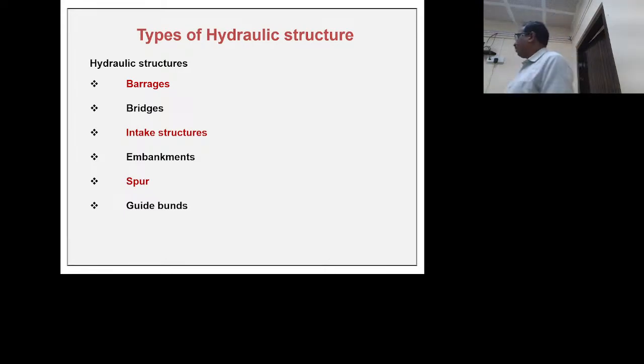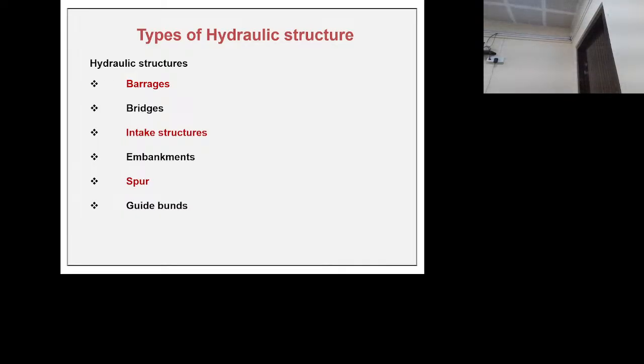Next, spurs. Spurs are structures. Suppose water is flowing in a curvature. So this is the concave bank, this is the convex bank, and flow is coming like this.